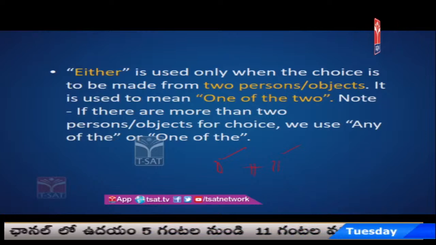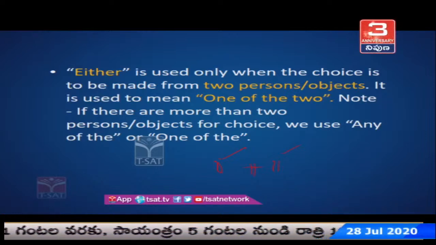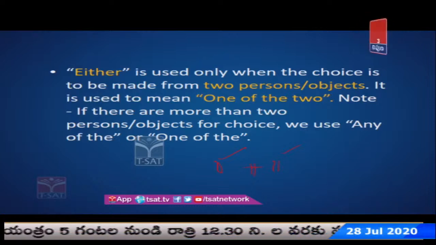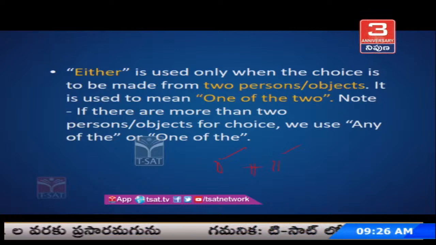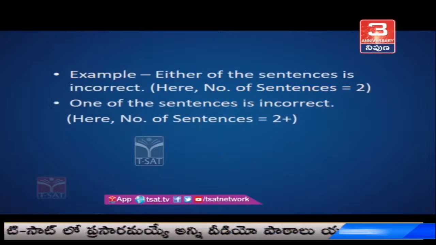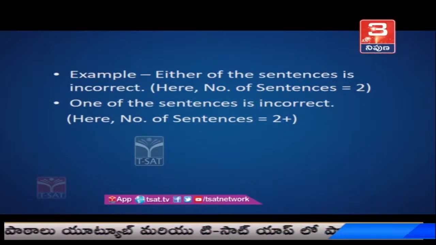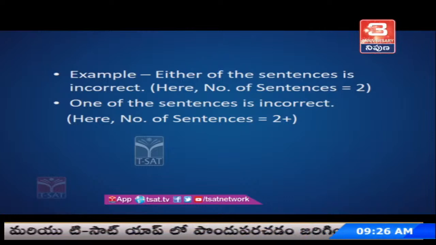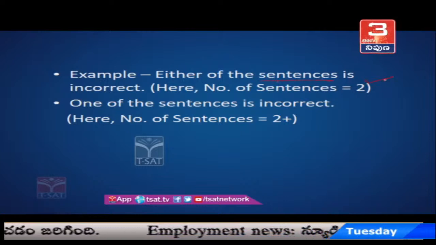Okay. Now, next one. When the sentence starts with any, always any is followed by one of the. Any one of the. We start a sentence, any one of the. For example, either of the sentences is incorrect. Here the sentences, that means there are how many sentences? Two sentences are there.